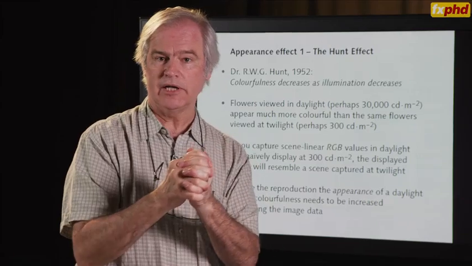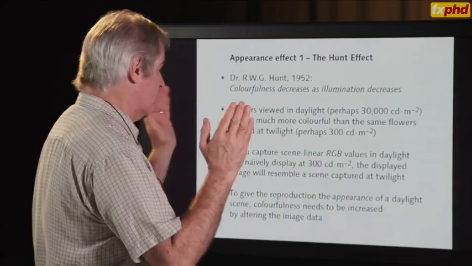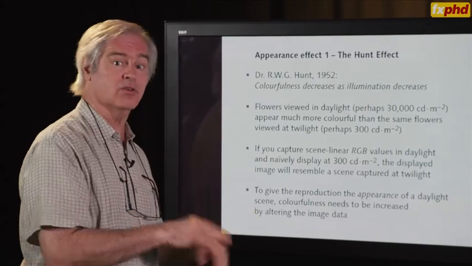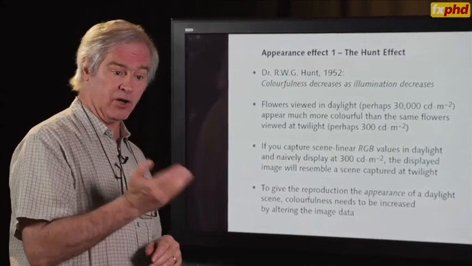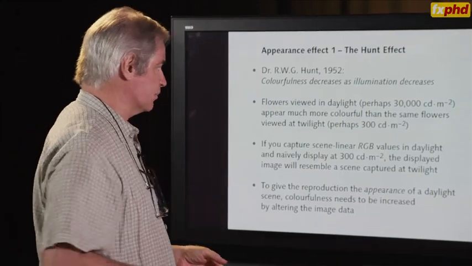So what's going on here is that CIE xy chromaticity coordinates are giving you the physical stimulus associated with the color, but they're not telling you the appearance. The appearance depends on absolute light level. So Dr. Hunt was the first guy to identify that phenomenon and write it up in a scientific paper.